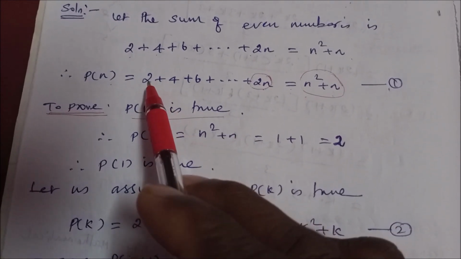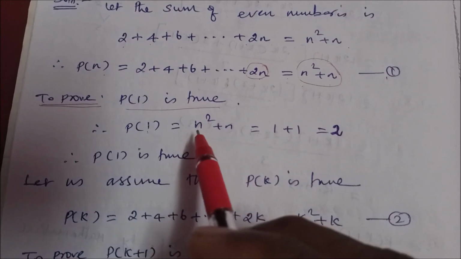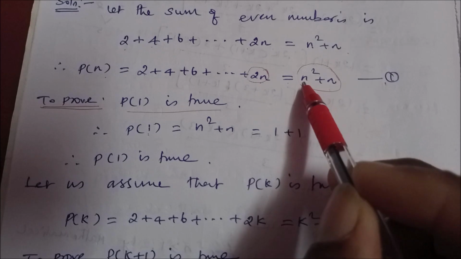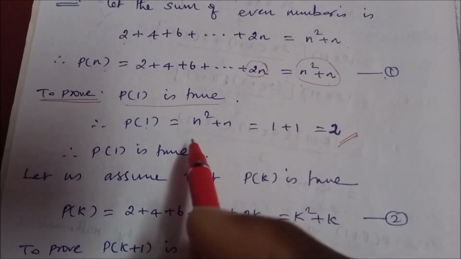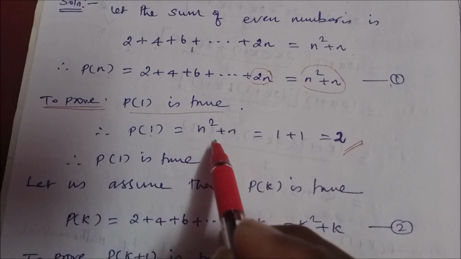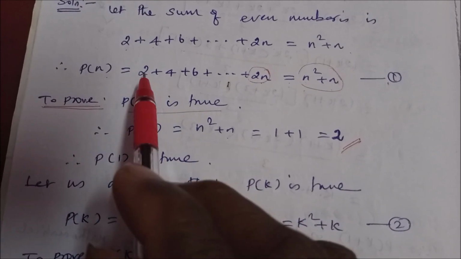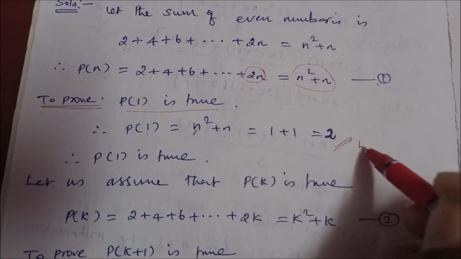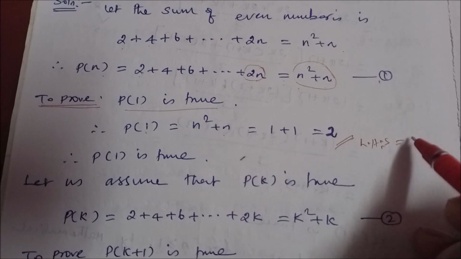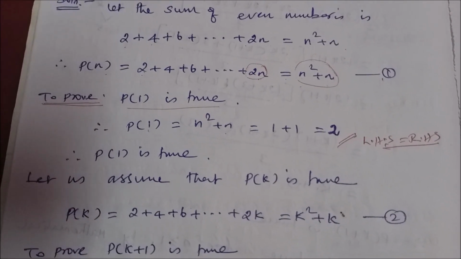Replace n by 1 in the RHS: 1 square plus 1 equals 2. Then the first term is 2. Therefore LHS equals RHS, and P of 1 is true.